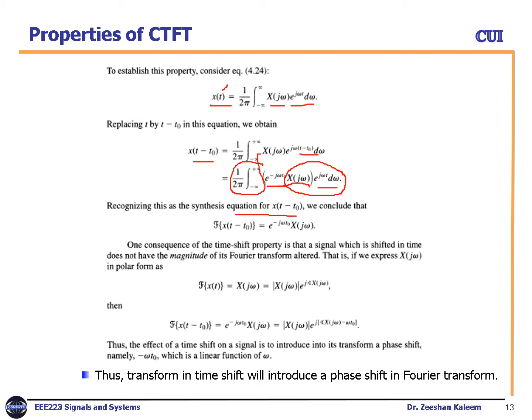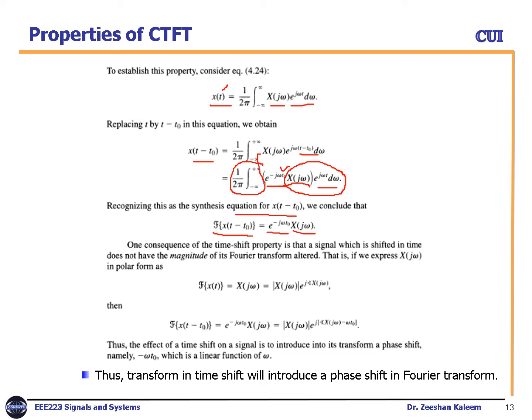So recognizing this as a synthesis equation for x(t), we conclude that the Fourier transform of x(t minus t naught) equals e^{-j omega t naught} times X(j omega), because this term is constant. There is no t naught dependence in d omega, because this is a function of omega, not t naught. So we can take this outside.